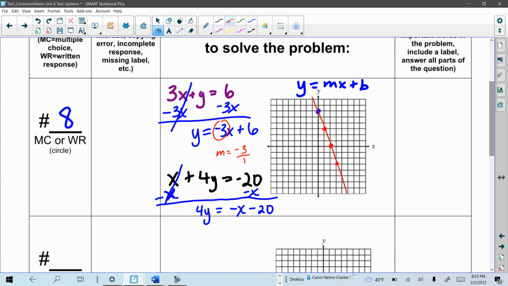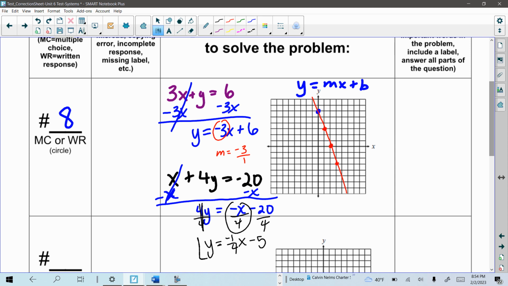And then you would need to divide everything, each term, because we have a coefficient here, every term by 4. And maybe the mistake happened because this part, negative x over 4, is written as a fraction, negative 1/4 x. And then minus 5 here.